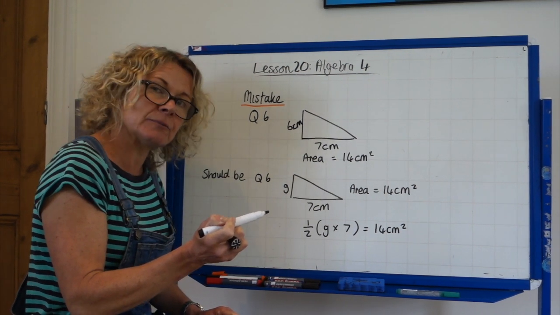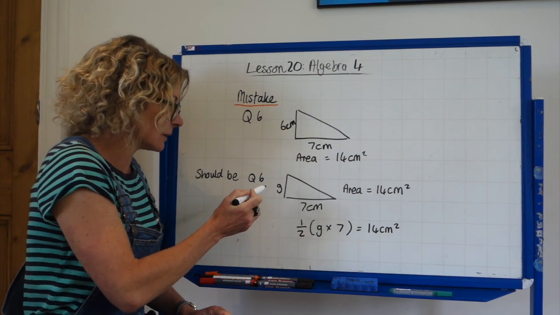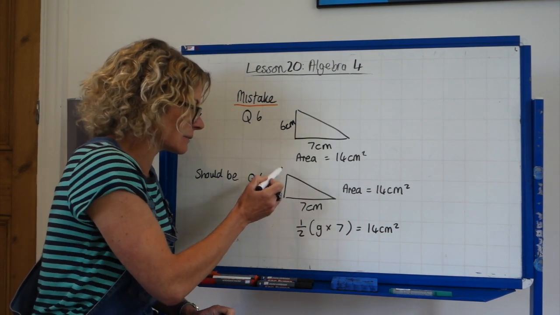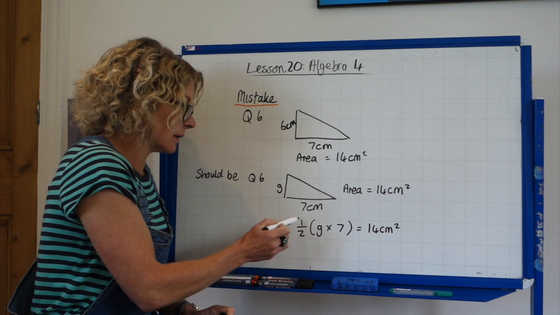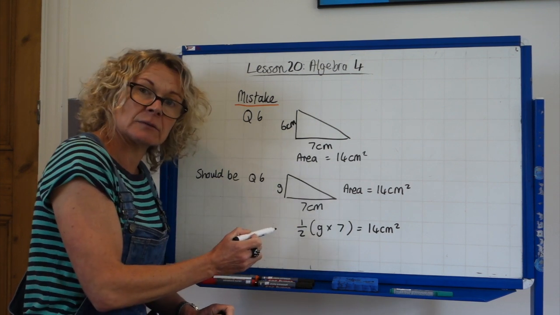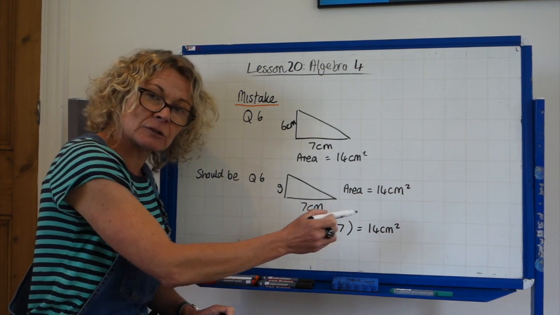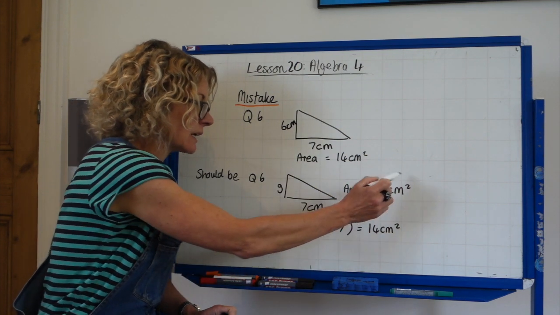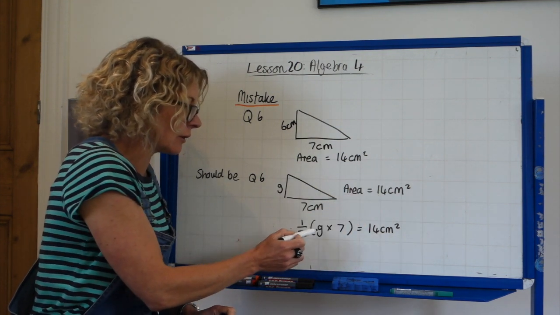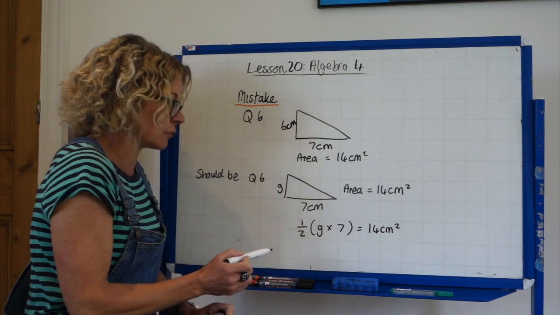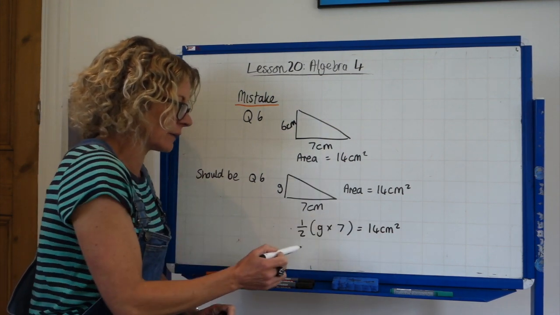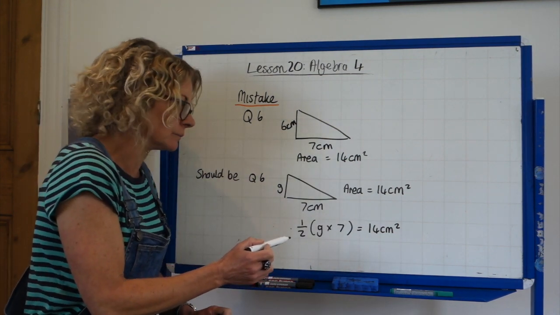So half of g times 7, okay? I've written it out for you so that you've got the formula there and what it equals. Half of g times 7 equals 14. So what does g equal?